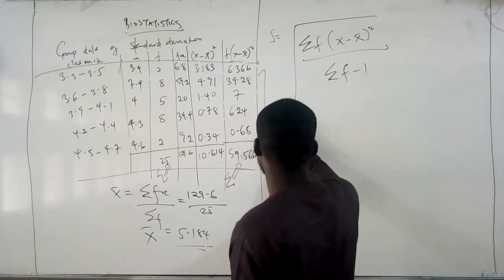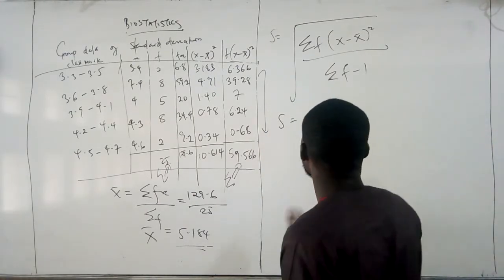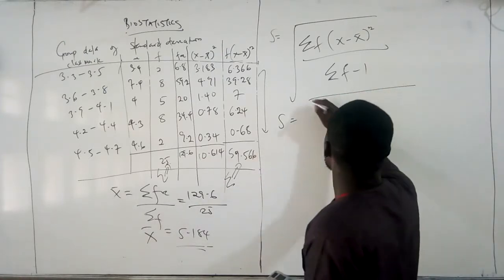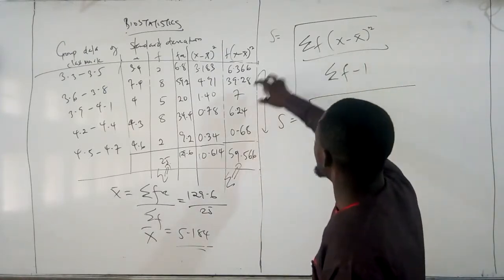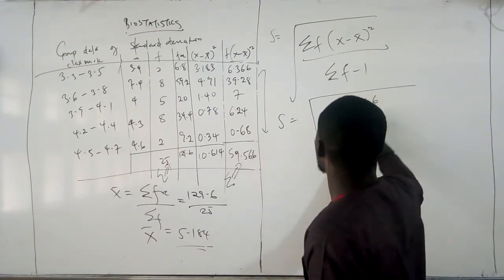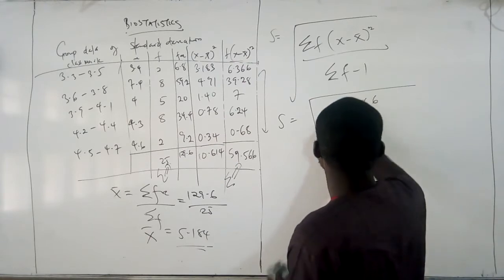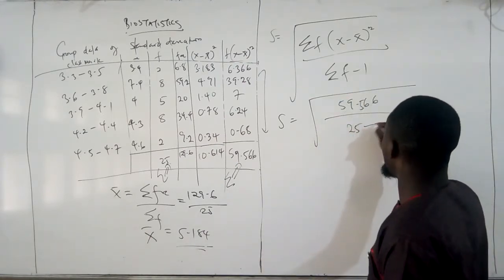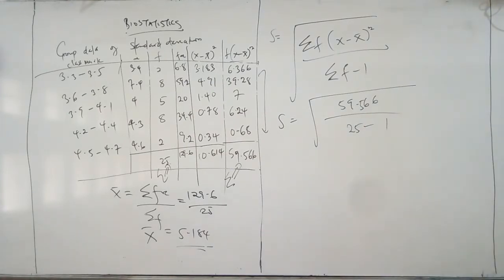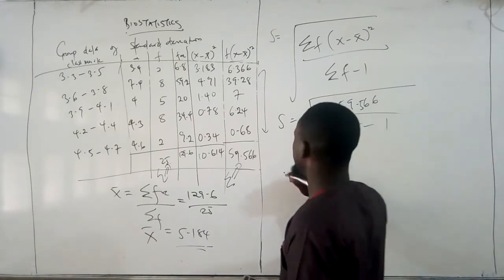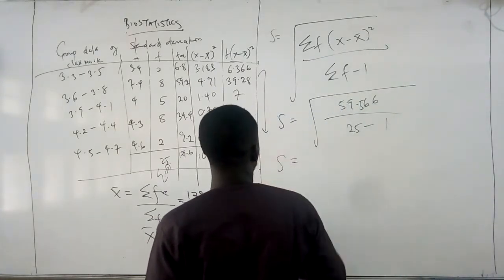So our S, since the standard deviation is equals to this, so what are we going to do now? Summation of this is gotten already as 59.566 over summation of F, which is 25 minus 1. Are you with me? So now what are we going to do? We divide this and find the square root of what we are going to have.